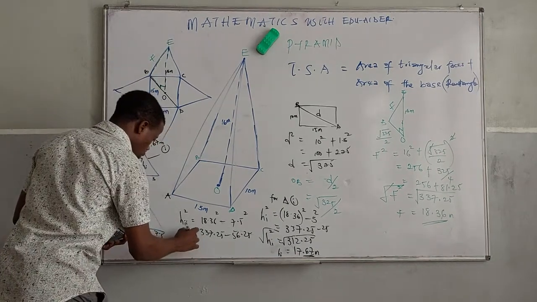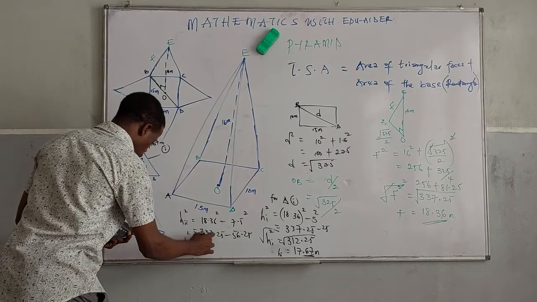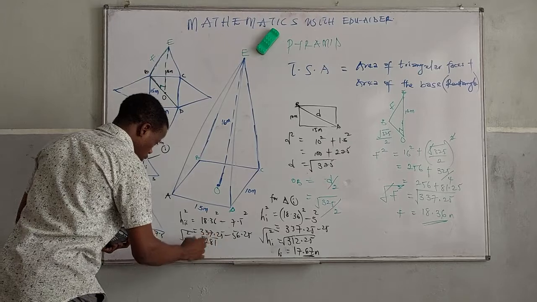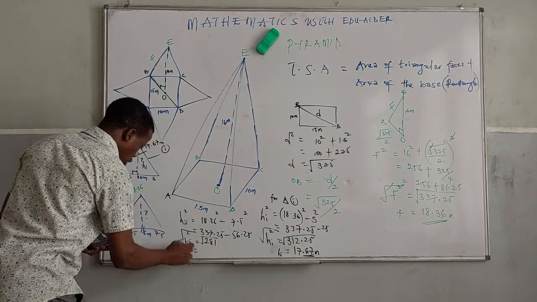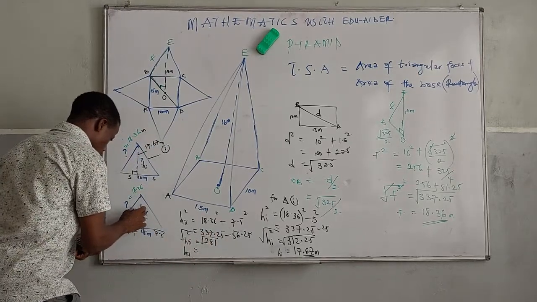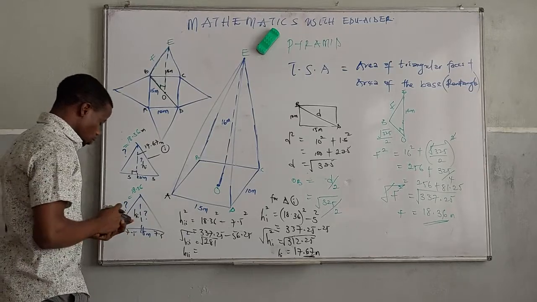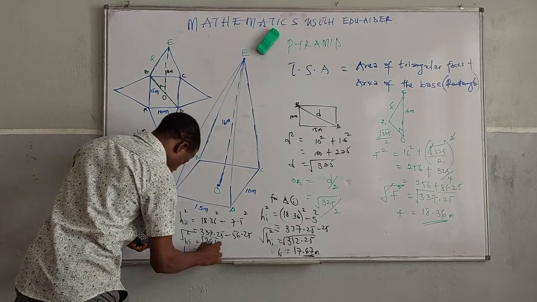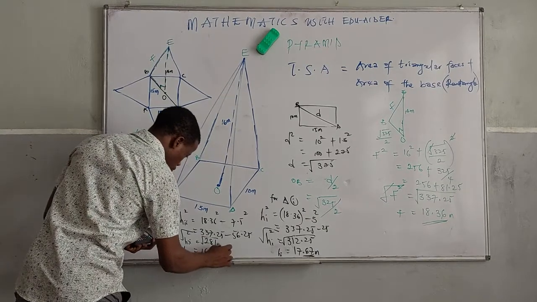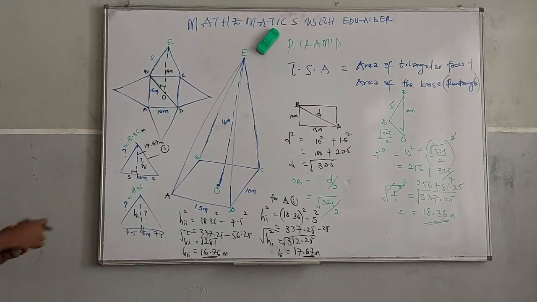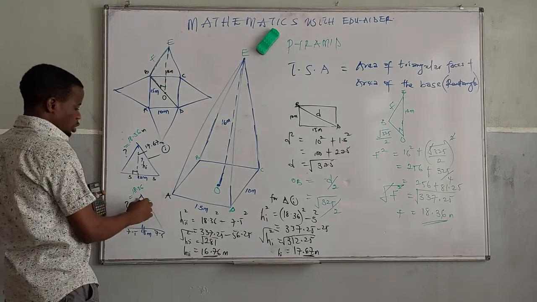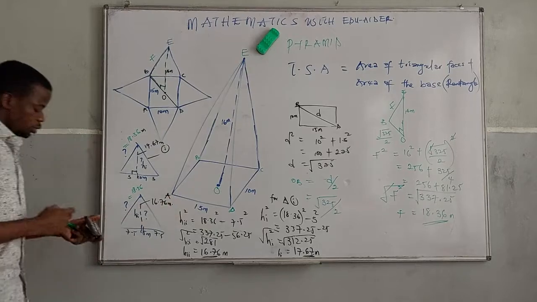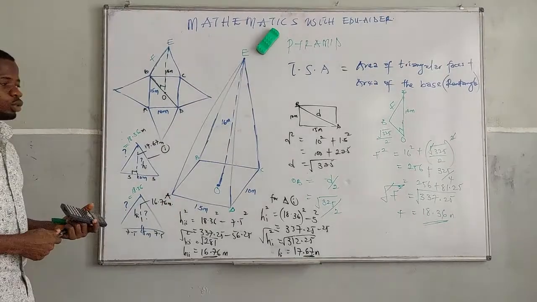So h2 squared can be equal to 281. So taking the square root of both sides, h2, what is h2? Second height. So square root of answer is 16.76 meters. So the height here is 16.76 meters. Right?